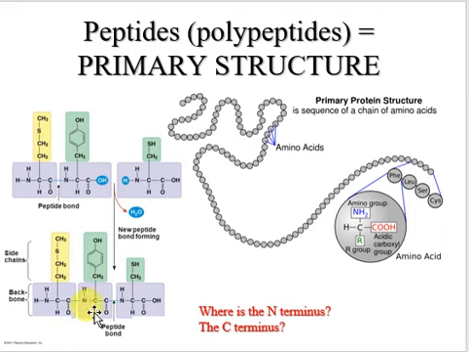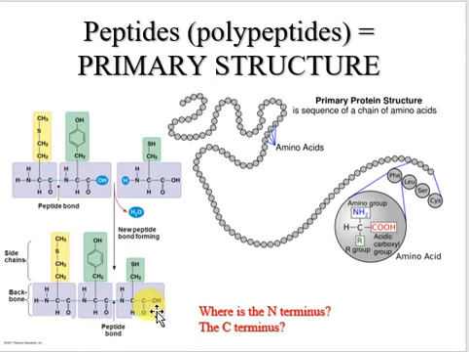So amino acids, your monomer subunits of polypeptides, which are your polymer units, are joined together by peptide bonds. And again, that peptide bond is forming between the carboxyl group of one amino acid and the amino group of the other amino acid. So usually at the end of one polypeptide chain, you have a free amino group, and at the opposite end, there's a free carboxyl group.